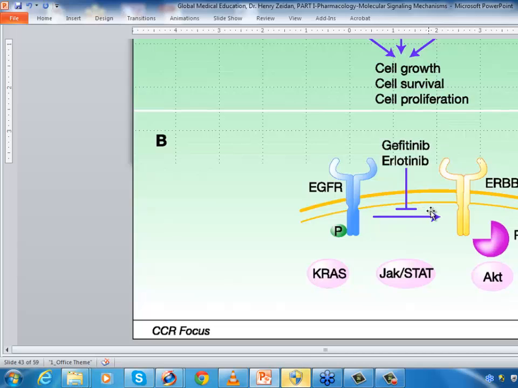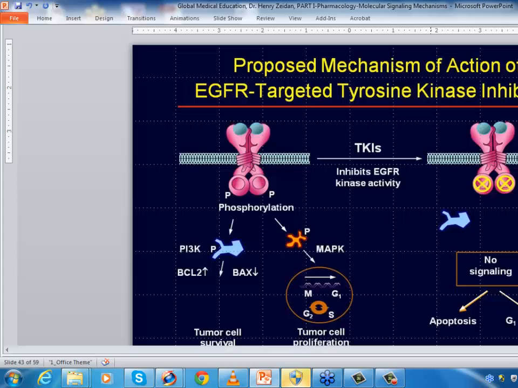They use this as a mechanism for breast cancer that follows this mechanism, or prostate cancer that follows this mechanism. So gefitinib and erlotinib act effectively here to block these phosphorylation reactions, along with other series of drugs.